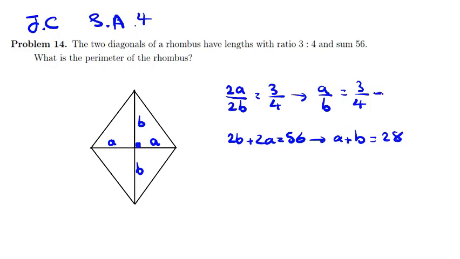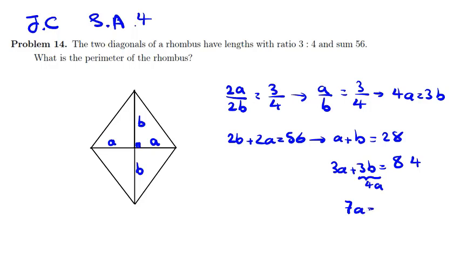Now, if we cross multiply, 4a equals 3b. The problem says what was the perimeter of the rhombus. So if you multiply by 3, we get 3a plus 3b equals 3 times 28, which is 84. 3b is 4a, so you can replace it with 4a.